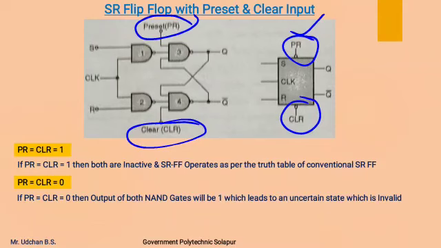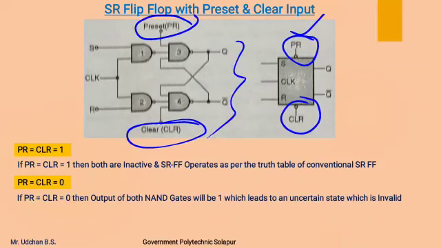Now, as there are two terminals, preset and clear, the possible combinations are 0 0, 1 1, 0 1 or 1 0. We will see the effect of these four possible combinations of preset and clear on the output of the flip-flop.